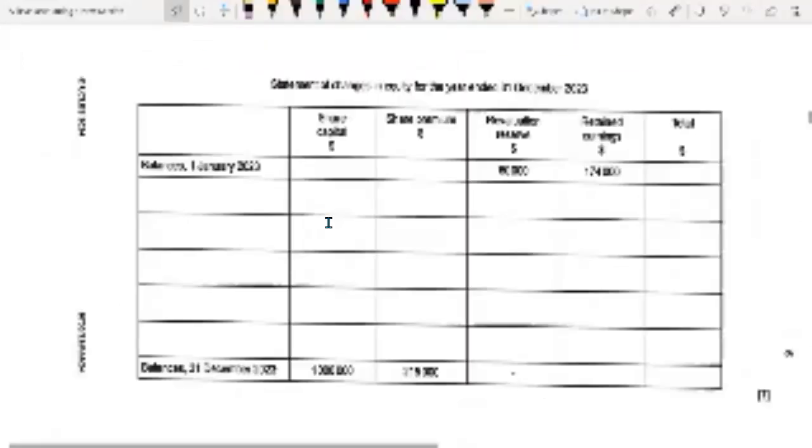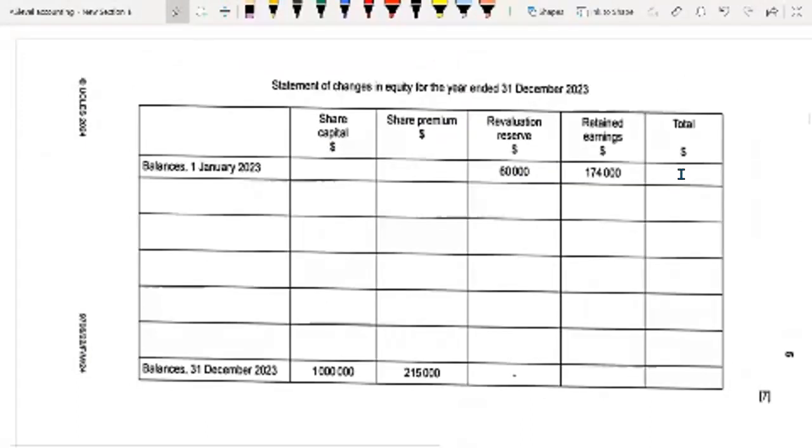Okay, so first of all, we don't have any balances in the share capital and share premium, but we have balances in the revaluation reserves and retained earnings, and we are going to total it. So the balances on 1st January 2023 and the balances on 31st December 2023 are written here.